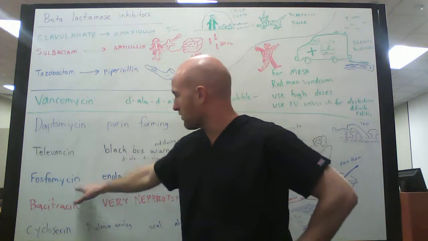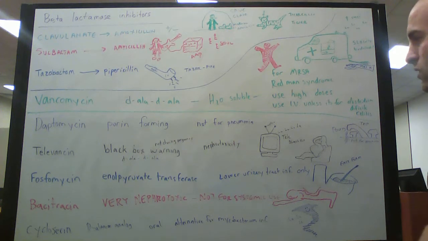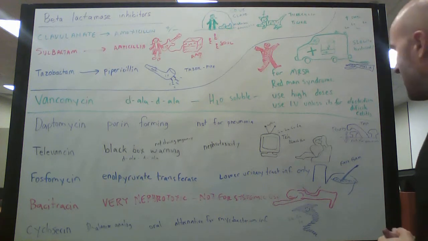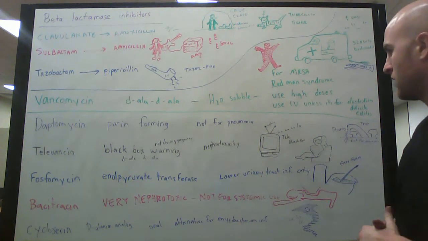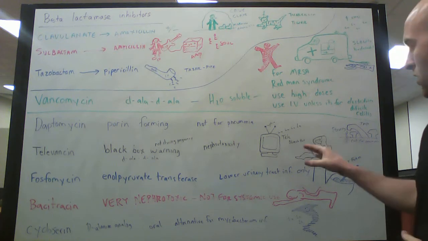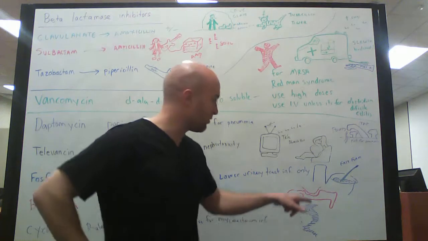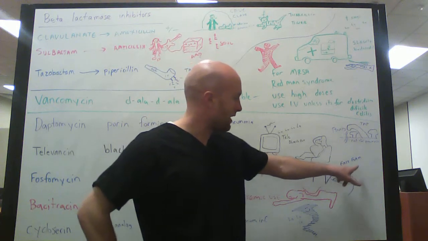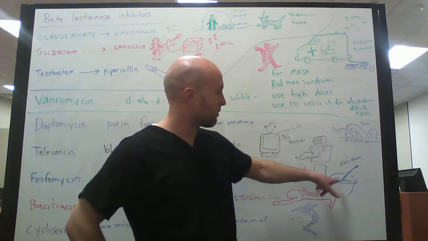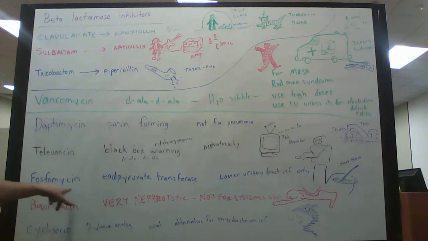Next, you have fosfomycin, and fosfomycin is associated with enolpyruvate transferase. And fosfomycin is only supposed to be for lower urinary tract infections. And so to help remember that, I drew a picture of a toilet, and someone's urinating into it, and it's forming fast foam, which sounds sort of like fosfomycin.